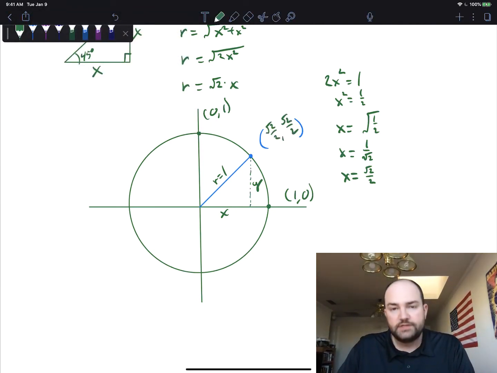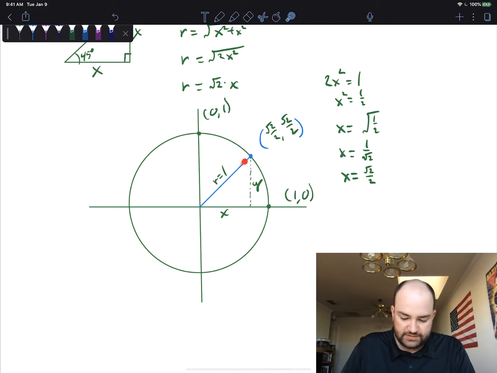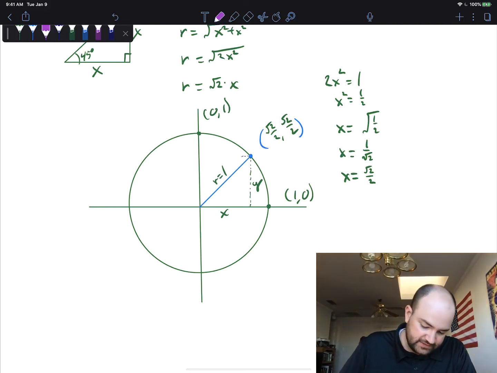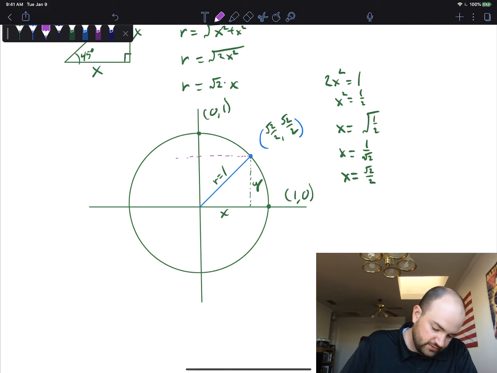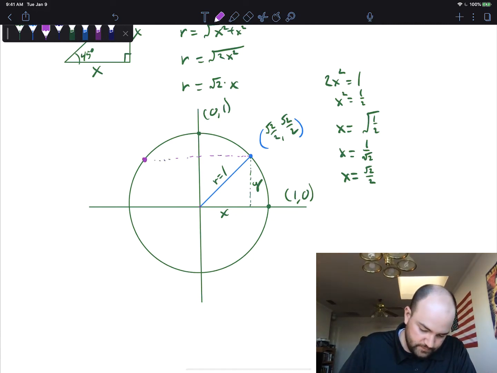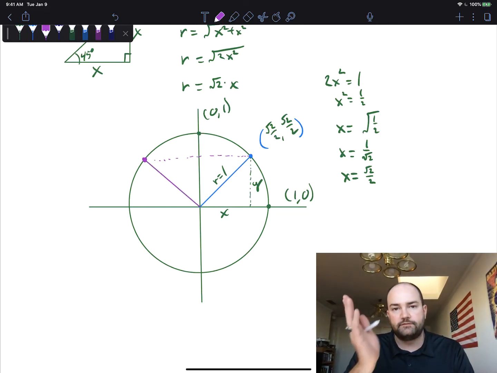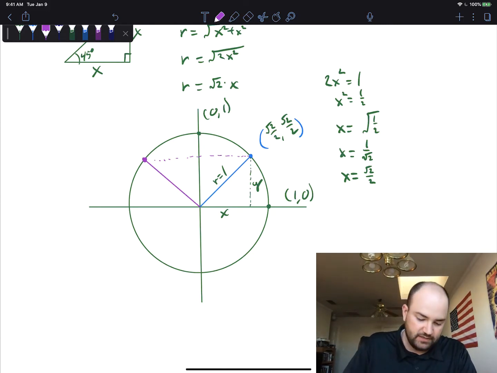So there you go. For any 45, 45, 90 right triangle, if the radius is 1, the legs are square root of 2 over 2. Now the great thing about this is that we can reflect this to the other side of the unit circle. If we reflect it over the y-axis, the x value changes sign, so this would be negative root 2 over 2, positive root 2 over 2, same y value.